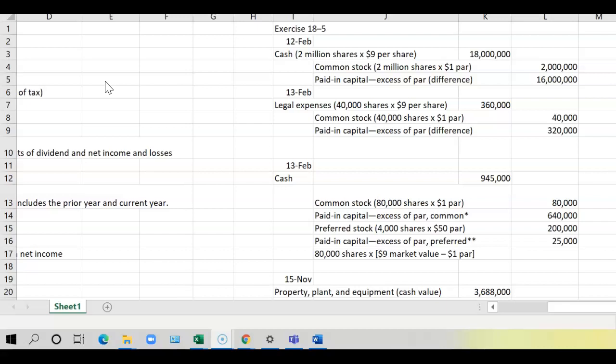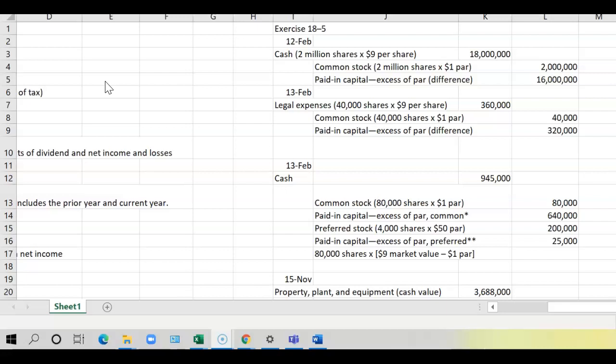The common stock would be 40,000 shares at $1 par for a credit of $40,000, and paid in capital would be the difference between the expense based on the fair value of the stock from the previous day and the credit to common stock. So the credit to paid in capital would be $320,000.